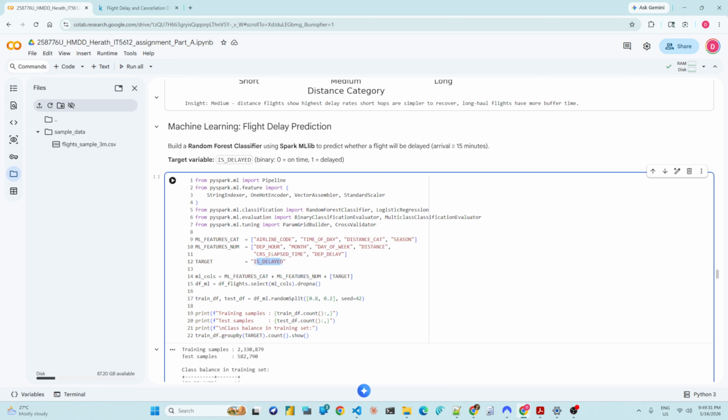So I dropped any rows with nulls in these columns and split the data in an 80 to 20 ratio, training set and test set. And the output shows sample counts and the class balance between delayed and on-time flights.